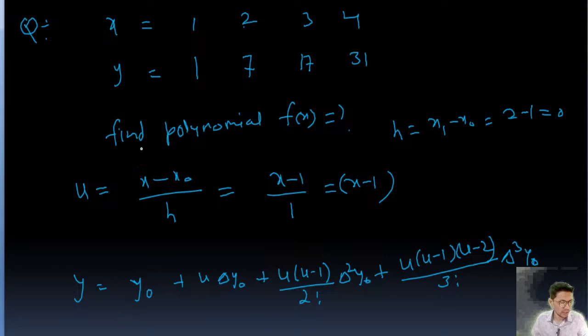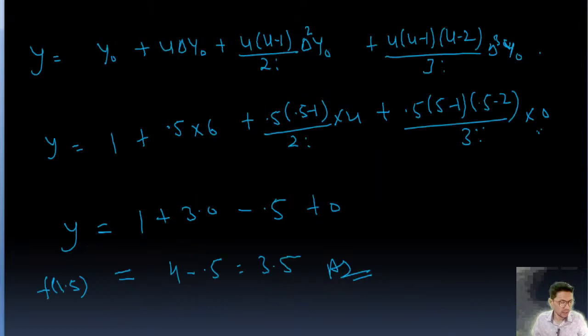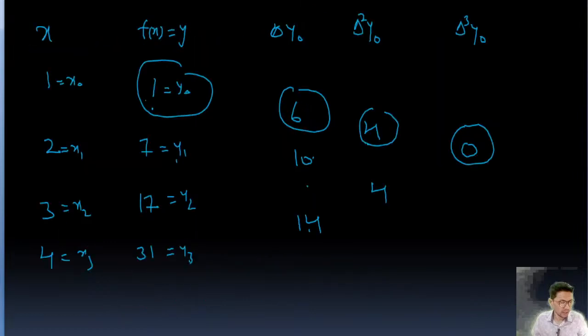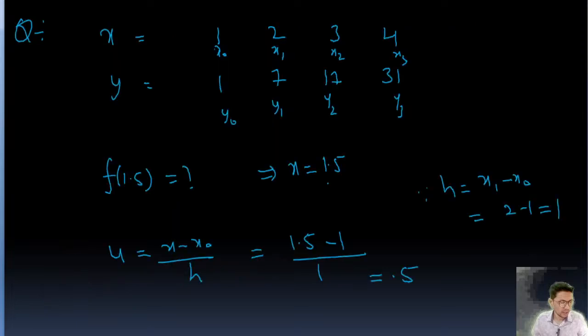Delta y naught is this value here. If we solve it, y is going to be 2x square plus 6.5, or we can directly find it. So if we are given this type of question, we can easily find the polynomial, and also the value of f(1.5).